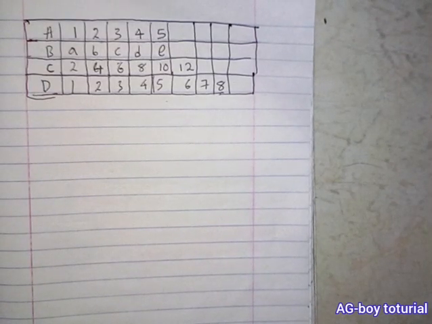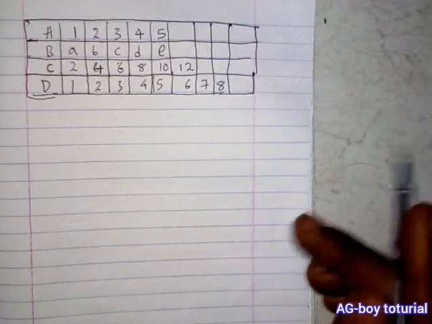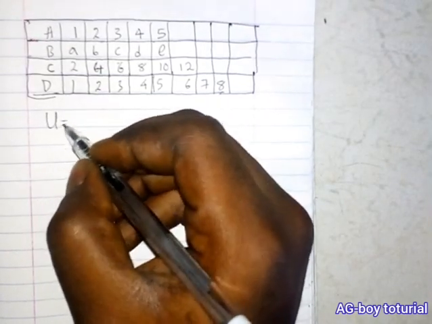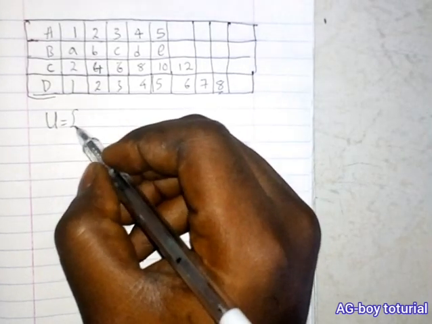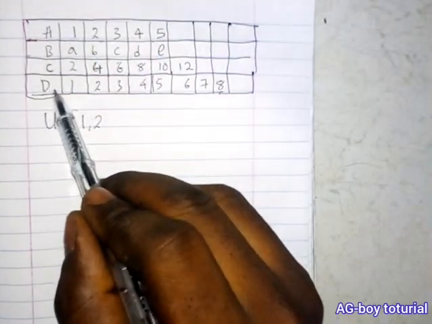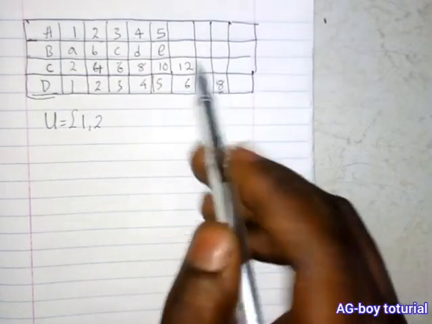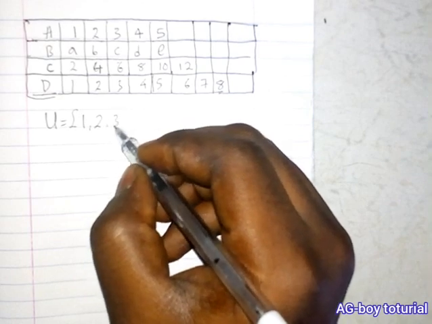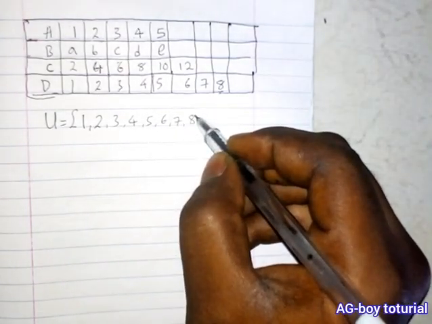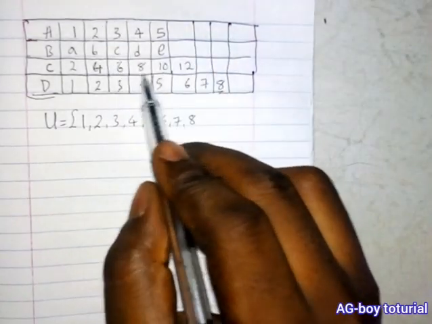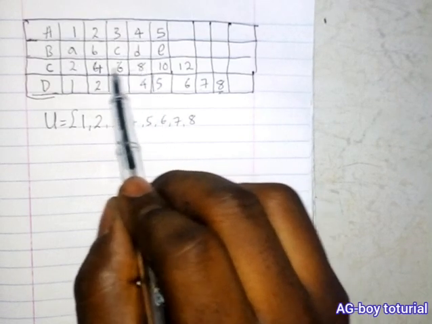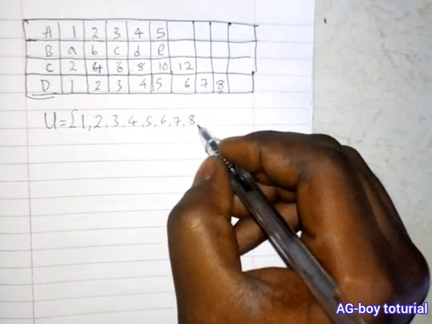Therefore, our universal set for this table, which is the U, is going to be 1, 2, 3, 4, 5, 6, 7, and 8, because everything here is also in D. So all the elements in C are also in D, some elements in C are also in D, but except 10 and 12.